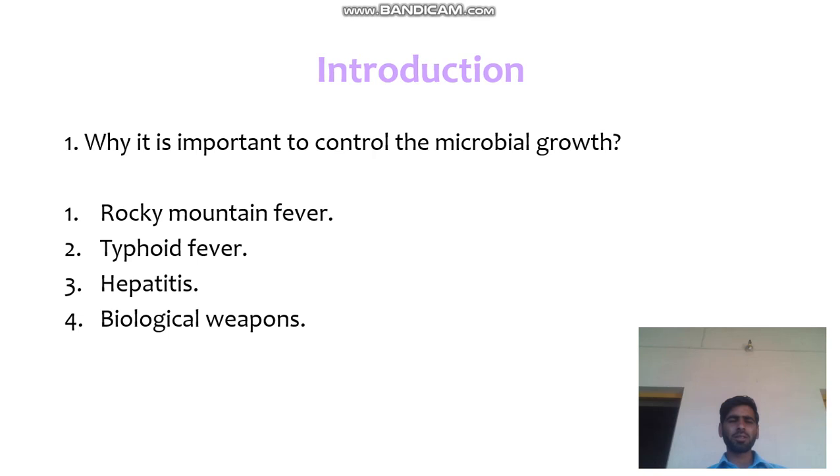Biological weapons are weapons containing different microbes or other microorganisms, including viruses, bacteria, algae, fungi, etc. They have the ability to cause different types of diseases, and even to cause the death of humans as well as other animals. These are used as weapons.